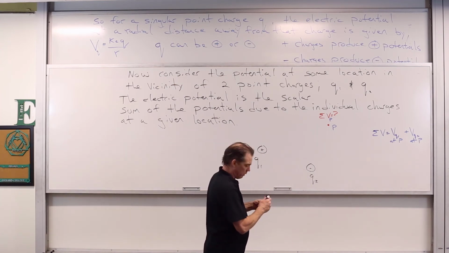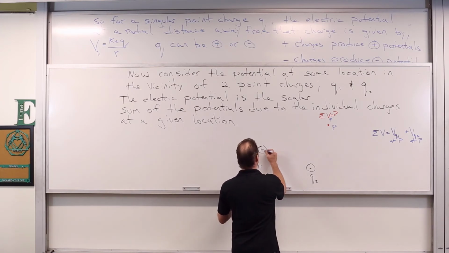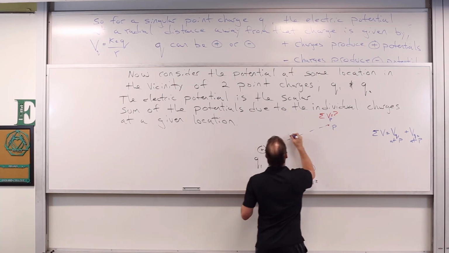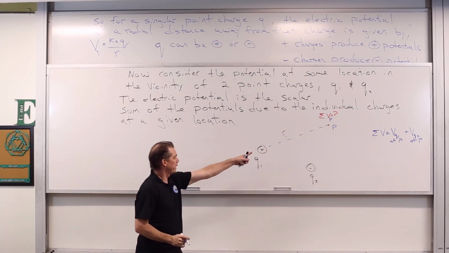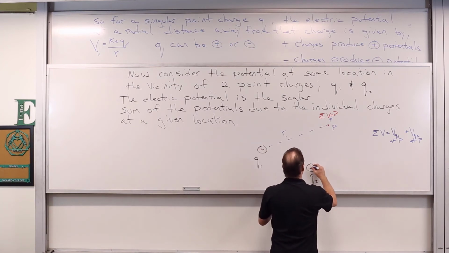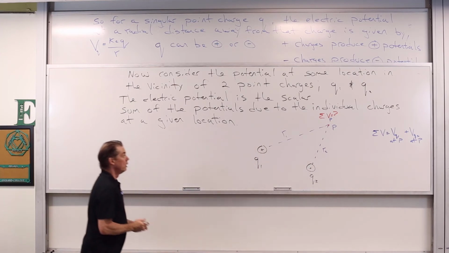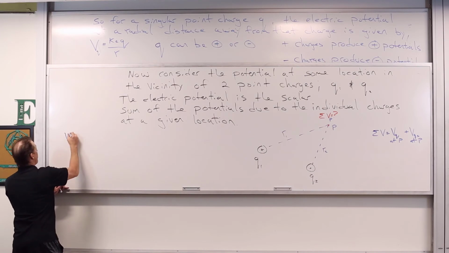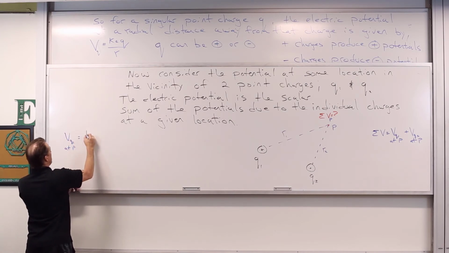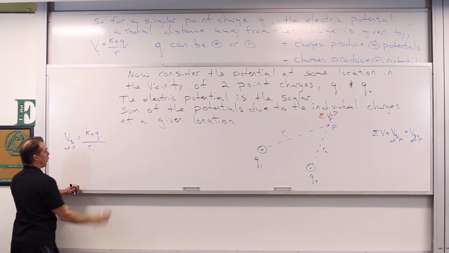How do we do that? Well, we want to be careful. What do we have here? Q1 is some radial distance away from that point, which we could call R1. And Q2 is some radial distance away from that point, which we could call R2. That makes things pretty easy, because V of Q1 at P is going to be k_e Q1 divided by R1.